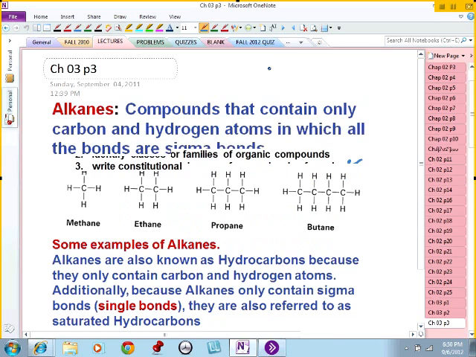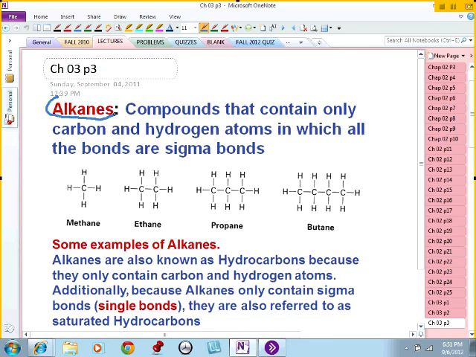So now we're going to start with the chemistry of organic compounds. And in doing that, the first set of organic compounds we are going to encounter is what we call the alkanes. As you can see here, alkanes are organic compounds that contain only carbon and hydrogen atoms, in which all of the bonds are sigma bonds.